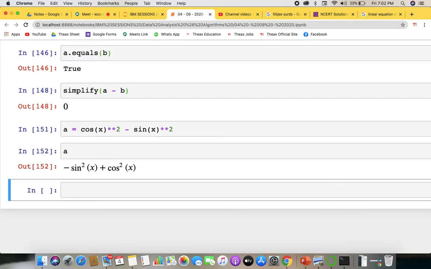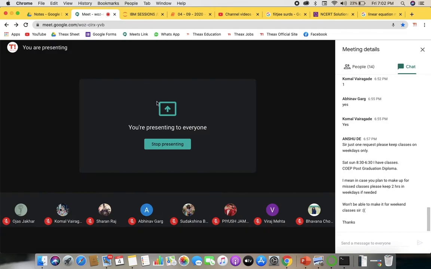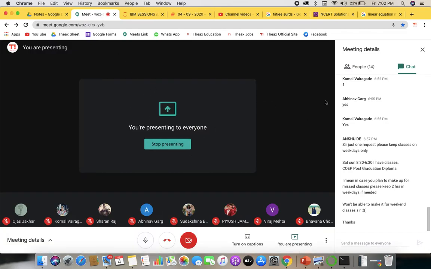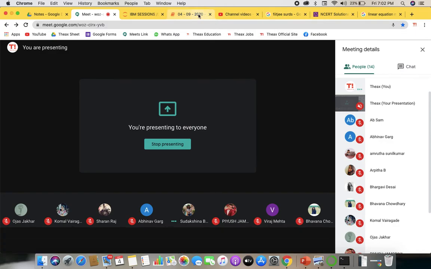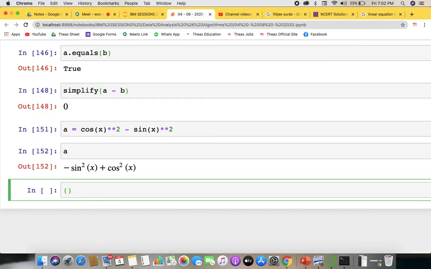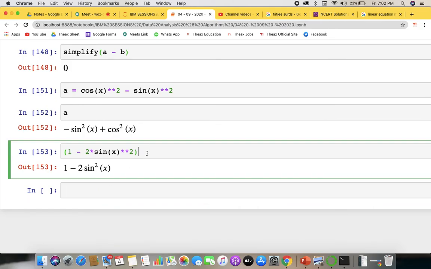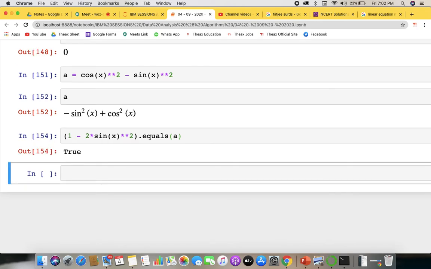Cos square x minus sin square x. Answer quickly. Sir, 1 minus 2 sine square x. 1 minus 2 multiplied by sine square x equals a. Cool. Correct.